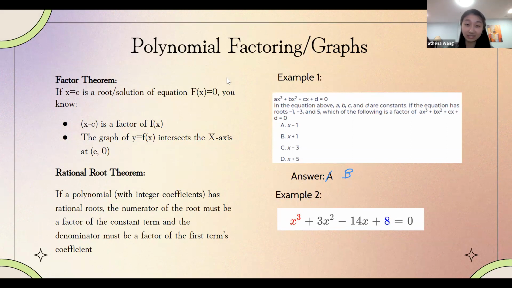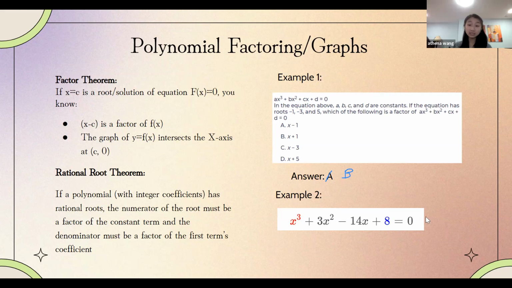Just test the different solutions you can have. Okay, we can go over this one now.